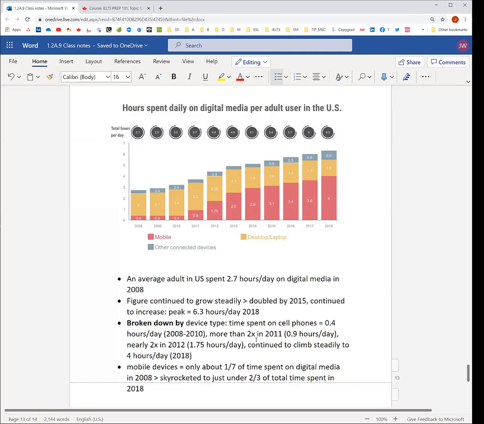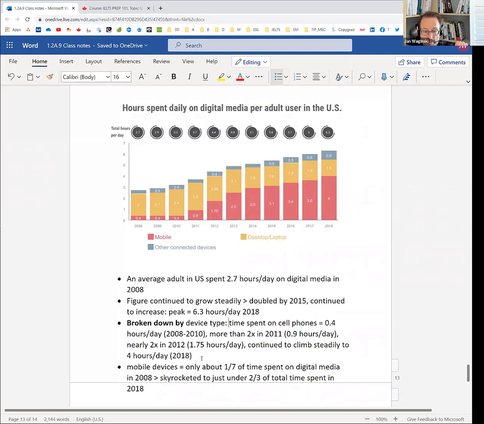That is 0.9 hours per day, and it nearly doubled in 2012 to 1.75 hours per day. And this continued to climb steadily up to 2018, to 4 hours per day.